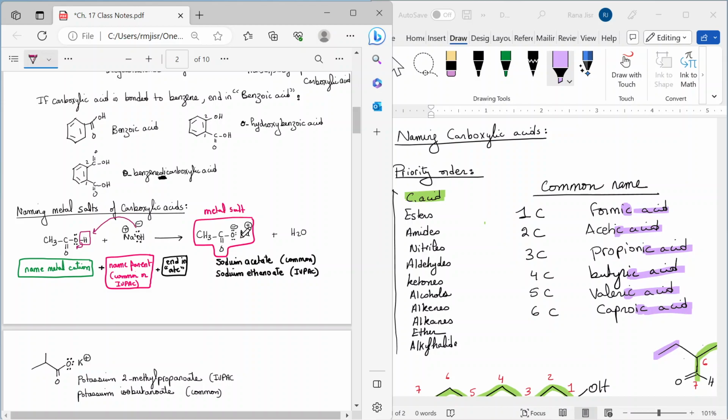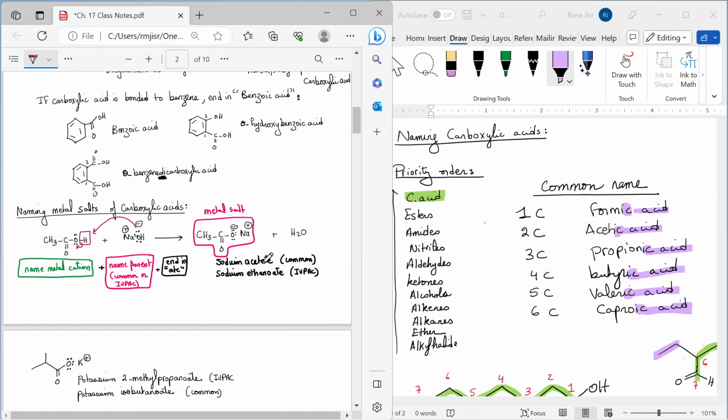Now, in order to name the salt of the carboxylic acid, you start by naming the metal cation first. This is going to be sodium, so you name it first. And then you name the parent name, either common or IUPAC, it really doesn't matter.